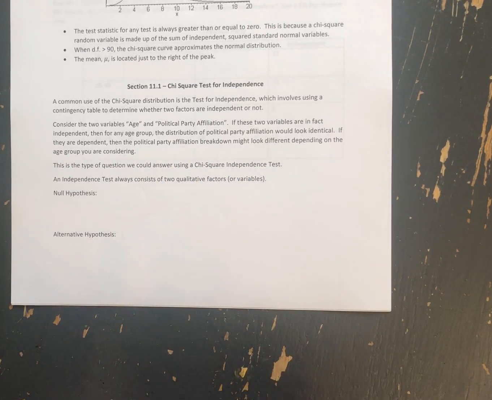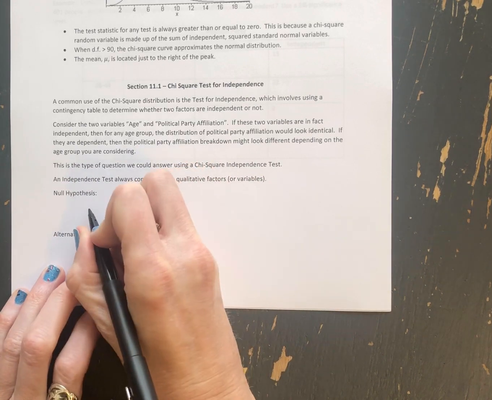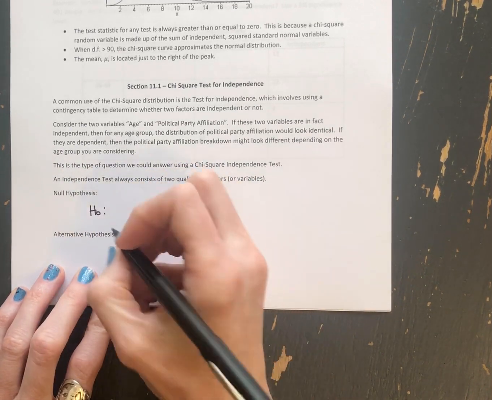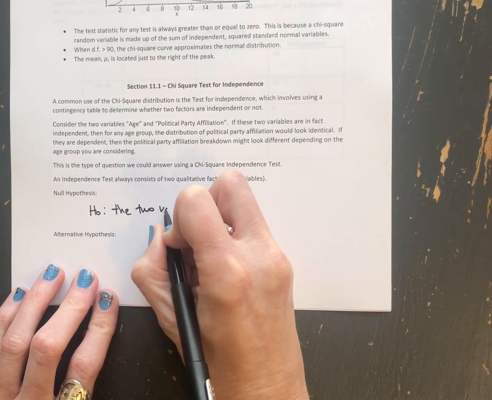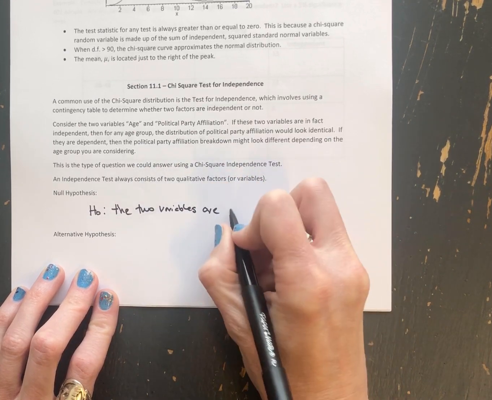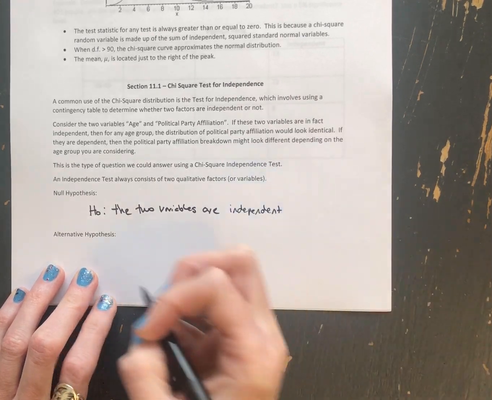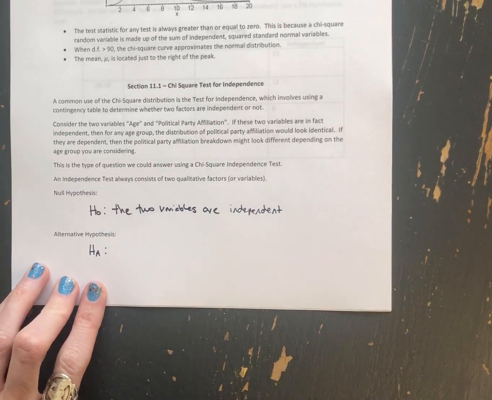So let's set up the null and alternative hypotheses in general first, and then we'll go into a specific example. For an independence test, our null hypothesis is always going to be that the two variables are independent. And then our alternative, this is different from the alternatives we've done in the past.